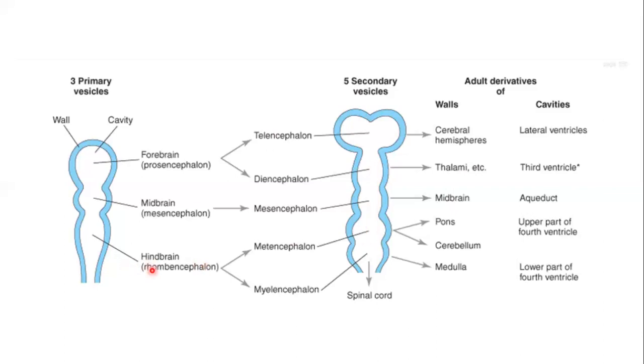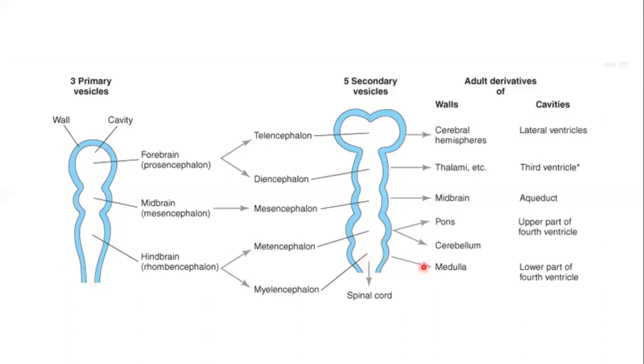Then coming to the hindbrain or the rhombencephalon, it divides into the metencephalon and myelencephalon. These two are the secondary vesicles. The metencephalon then divides into the pons and cerebellum, and the myelencephalon becomes the medulla oblongata.